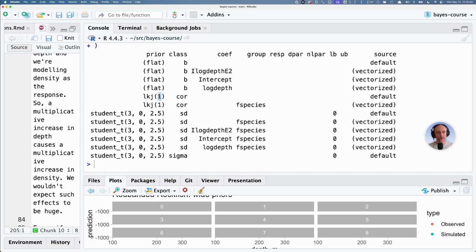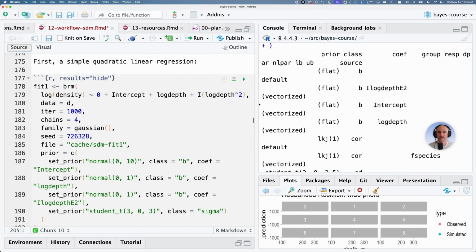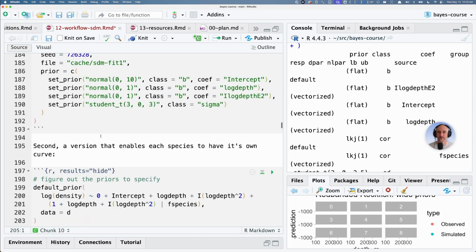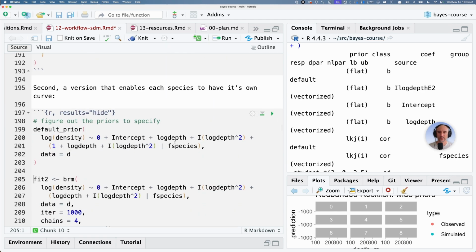And it's got one parameter to worry about, and the default here is a value of 1 on that one parameter. And so this is the correlation between the random intercepts and slopes across the species. Okay, so we've jumped in complexity quite a bit in the model, but all of that is just to allow our curves to vary by species.